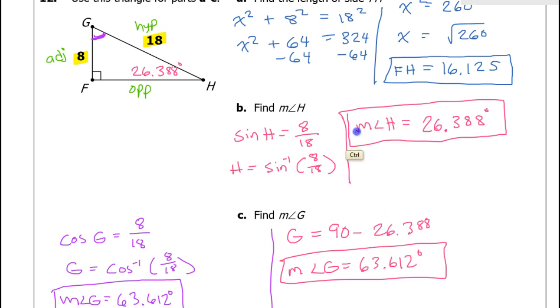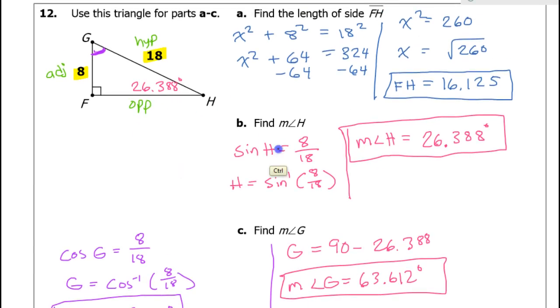If you made a mistake on angle H, then imagine this is a quiz or a test. Well, fine, you got angle H wrong. But if you then use that wrong answer to find angle G, well, now you got two questions wrong. So instead of -5, now you got -10, now you cry.